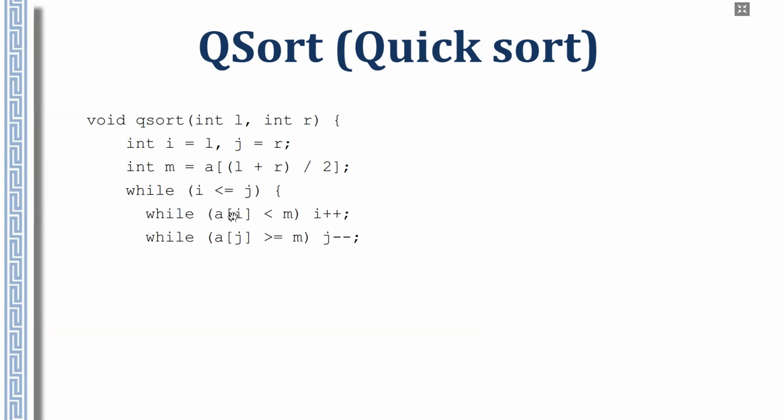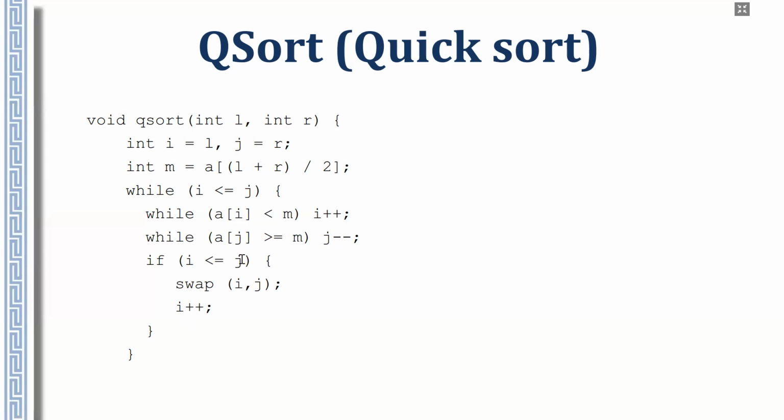So firstly, we move the left pointer while it points to an element smaller than m, and it stops when we find an element greater than or equal to m. We also move j, the right pointer, to the left until it finds an element less than m, and this pair is an incorrect pair, and we swap them and continue.